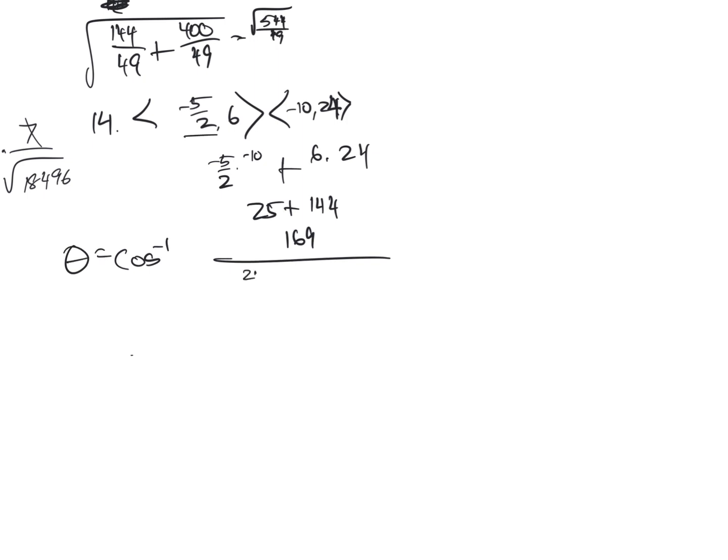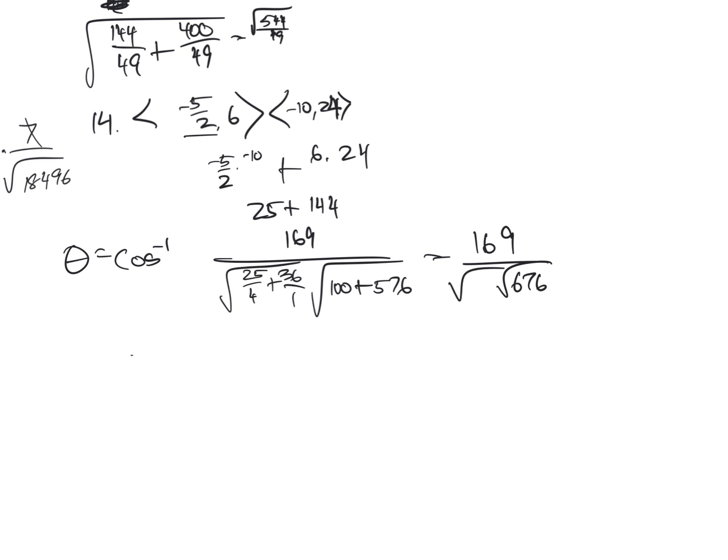That's the square root of 25 fourths plus 36, times the square root of 100 plus 24 squared, which is 576. So 169 over, add these two together, the other side is 676.